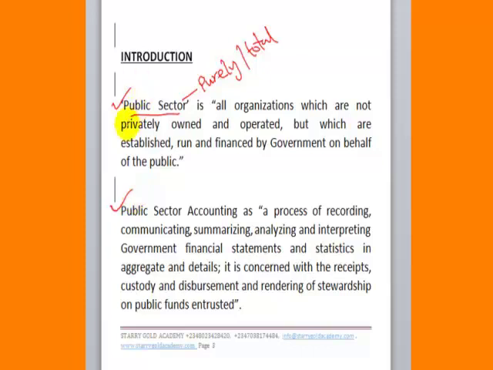What is important to understand is that the word accounting there indicates that it is a process. It is not just one action. It is an act of processing data into information that could be used for decision making.